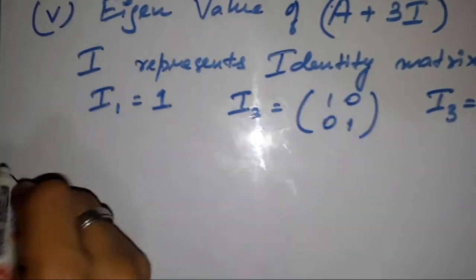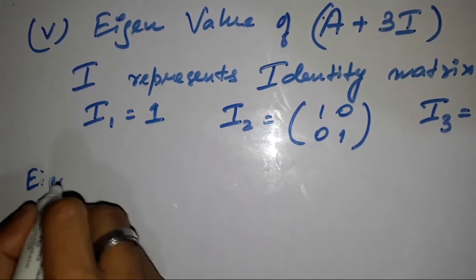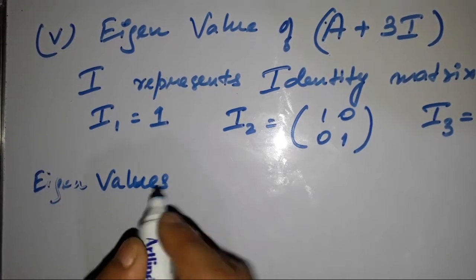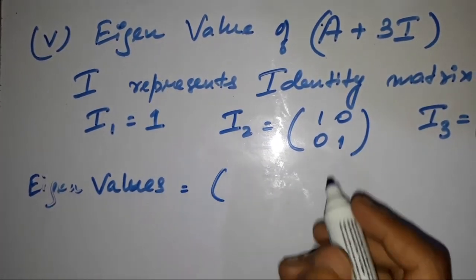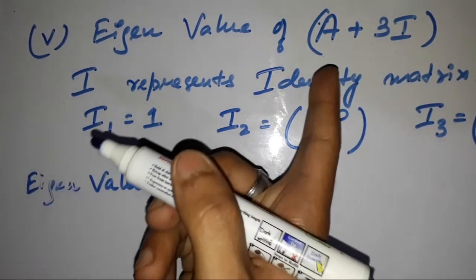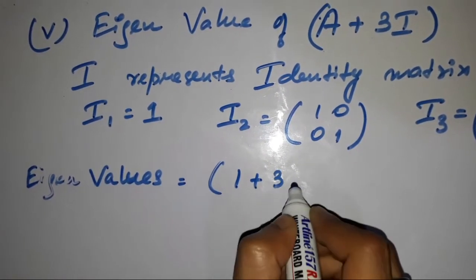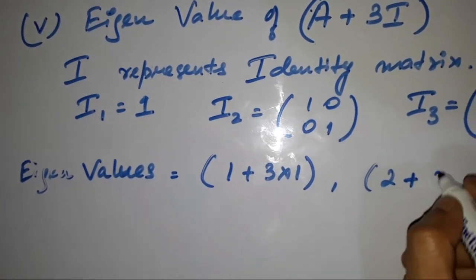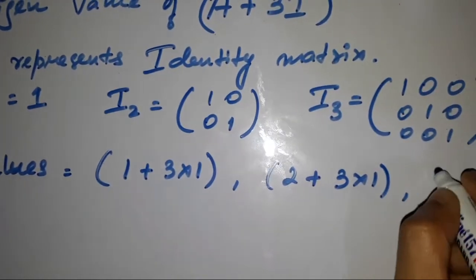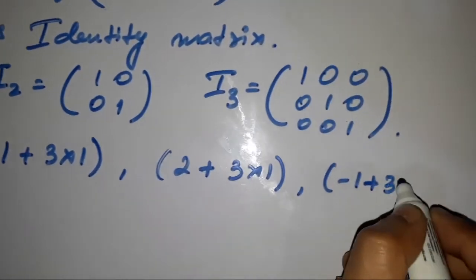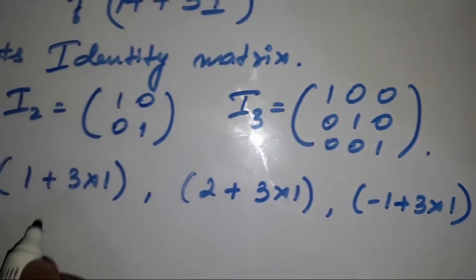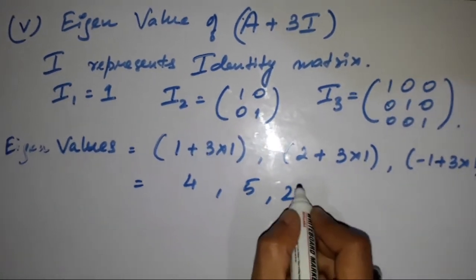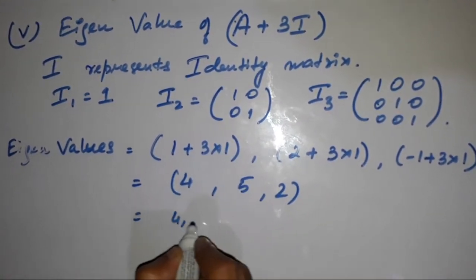So we will get the eigenvalues as 1 plus 3 into 1, 2 plus 3 into 1, and minus 1 plus 3 into 1, that is 4, 5 and 2. So the eigenvalues are 4, 5 and 2.